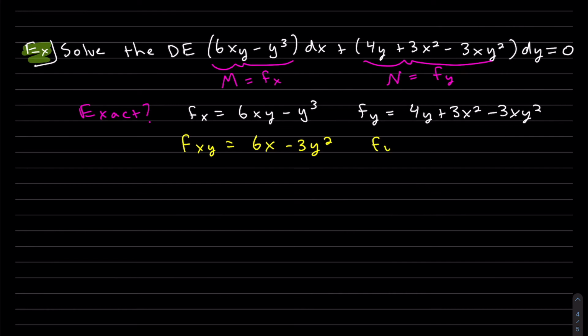My partial here, since it's y, it's in terms of x. 0, 6x minus, in terms of x, is 3y squared. Yep. Therefore exact.